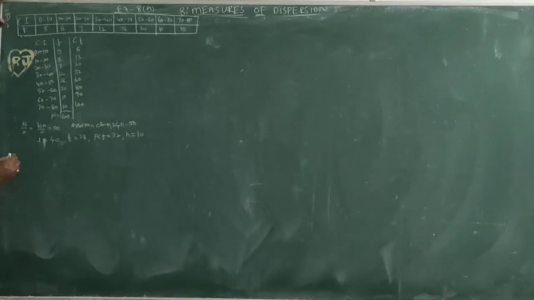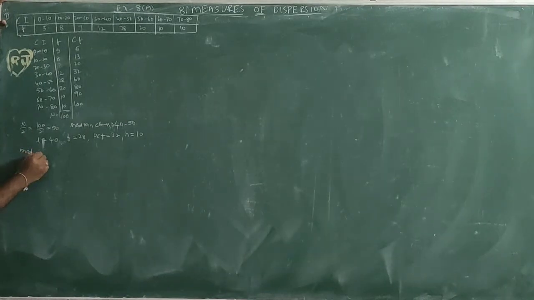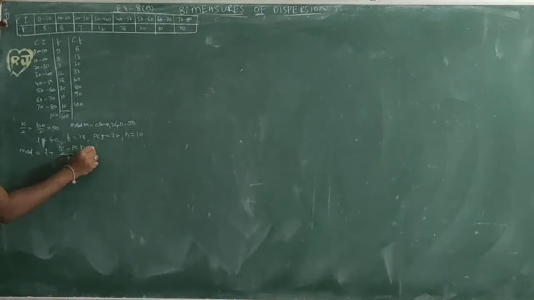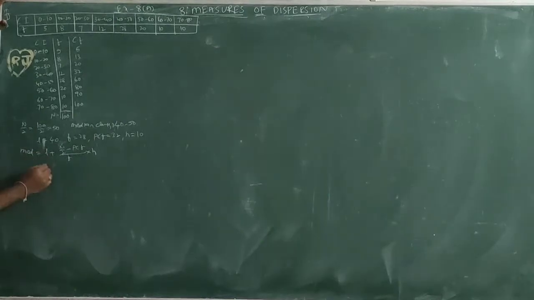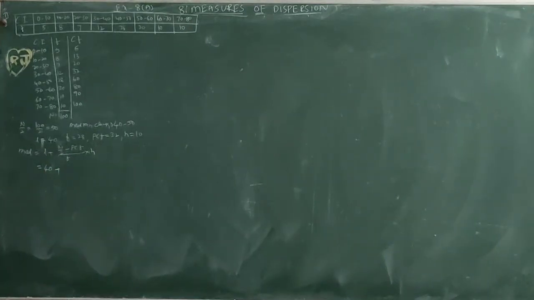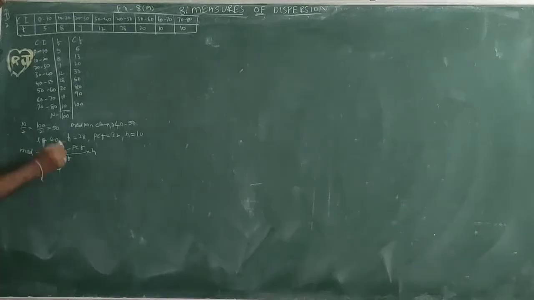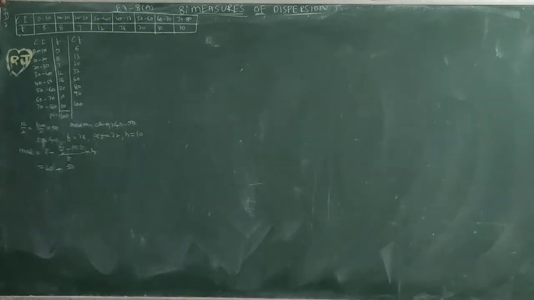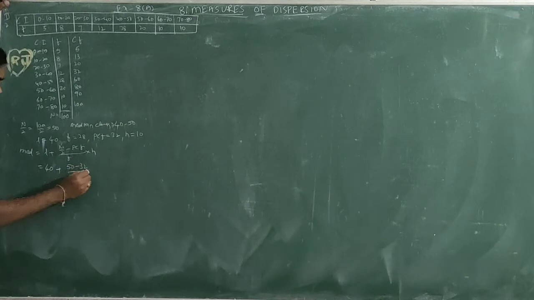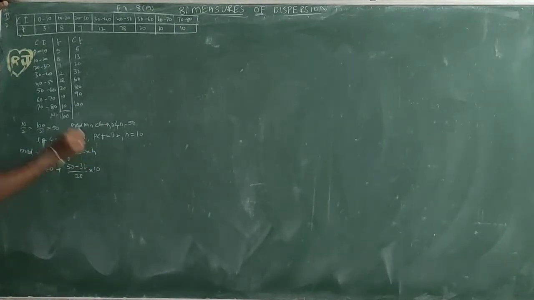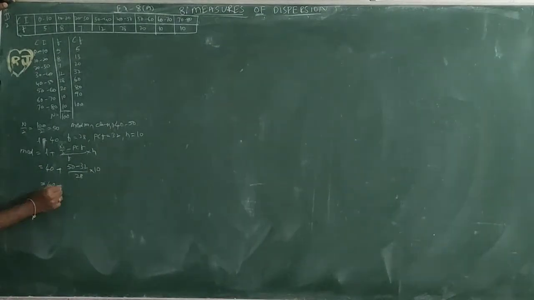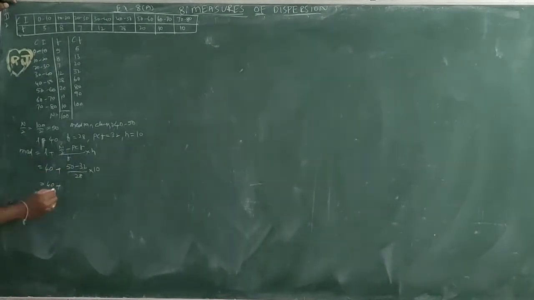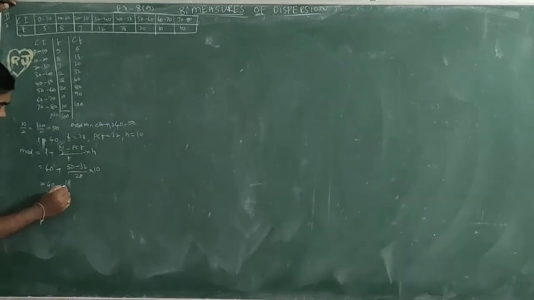Now to find the median, the formula is L plus N by 2 minus PCF, divided by f, into h. That is 40 plus 50 minus 32 by 28 into 10, which is 40 plus 180 by 28.